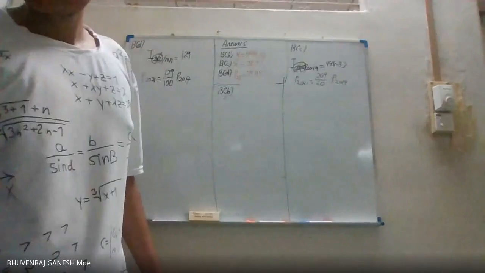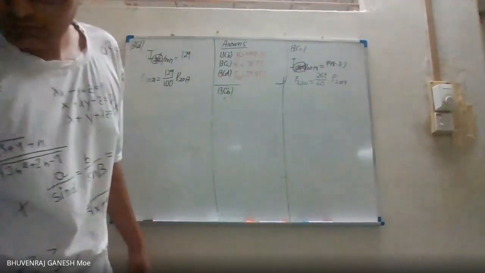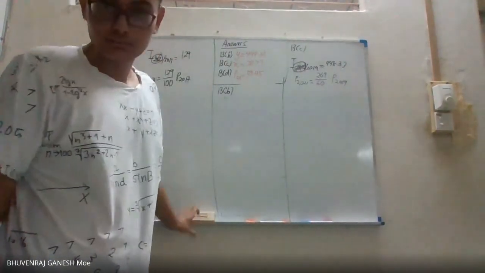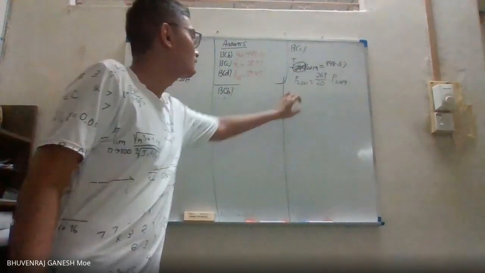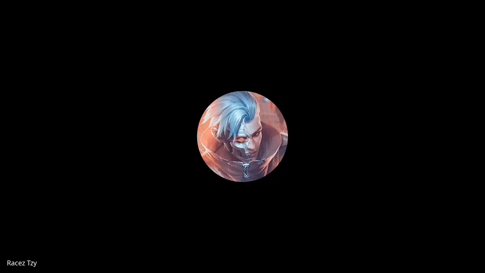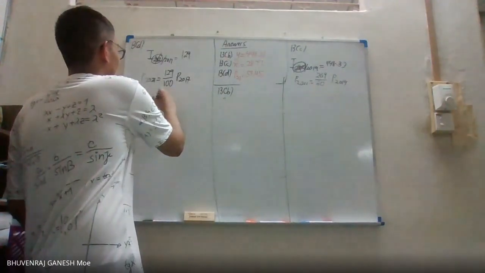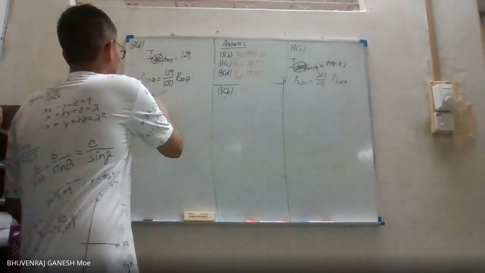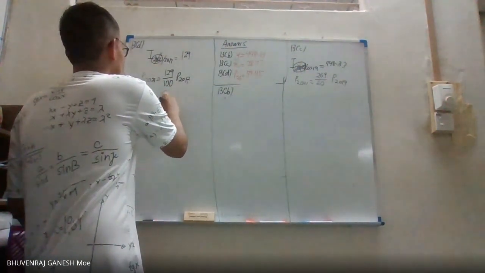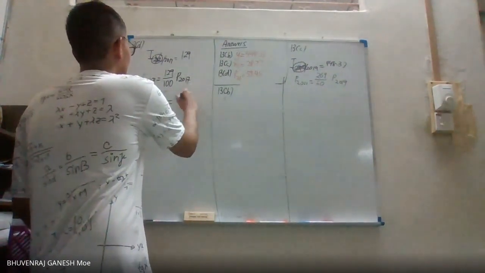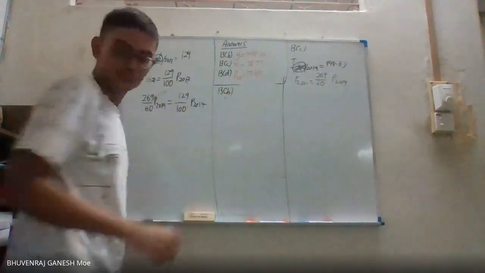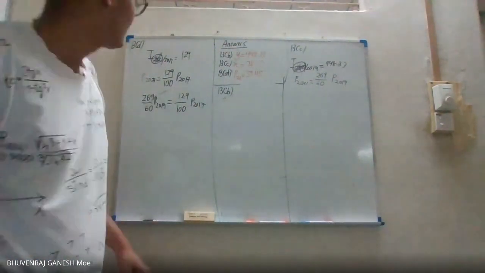I think this part you can maintain the decimal, but actually I get the same answer as the scheme. So I think this one is correct. You can use this. Yeah, 269 over 60 P 2019 equals 129 over 100 P 2017. Like this, then you just cross it.